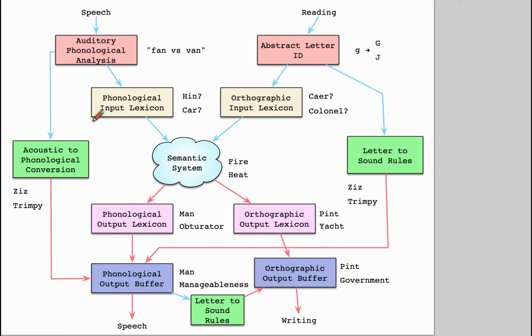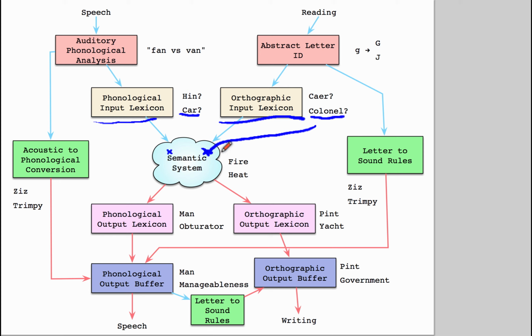Both the phonological input lexicon and orthographic input lexicon, once we recognize these real heard or written words in our language, the next thing that we have to do is find the precise semantic representation that matches kernel, right?